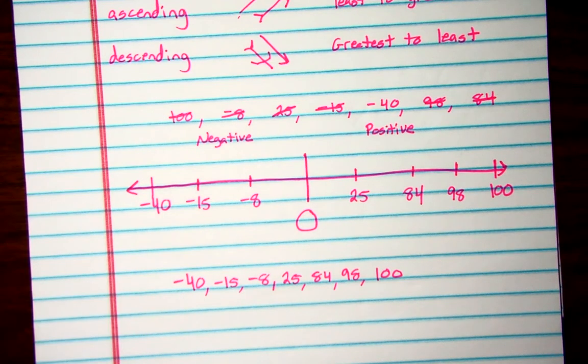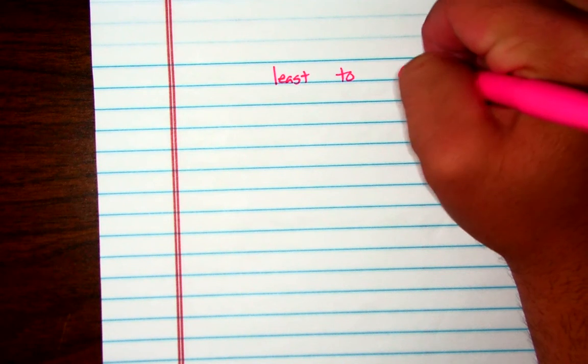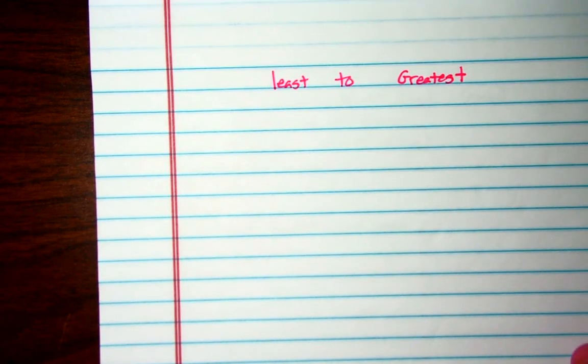Let's see if we can do another example. This time we're going to have some fun. We're going to put them in order from least to greatest. But this time we're going to have some rational numbers. So let's see.